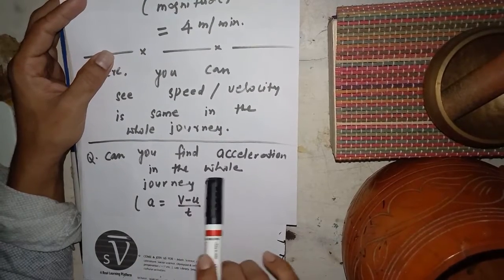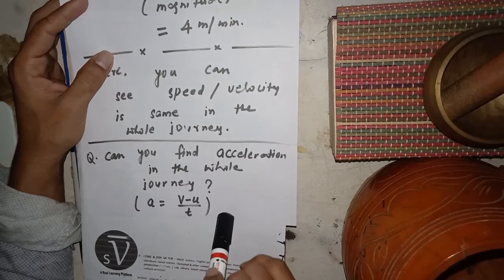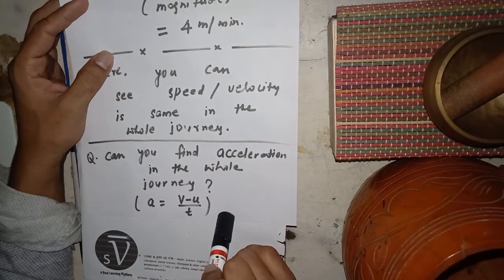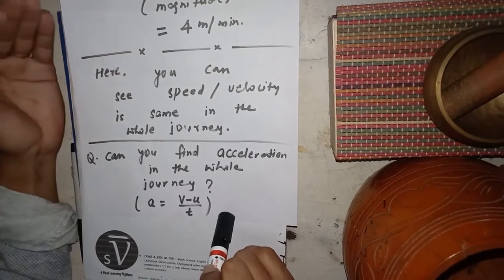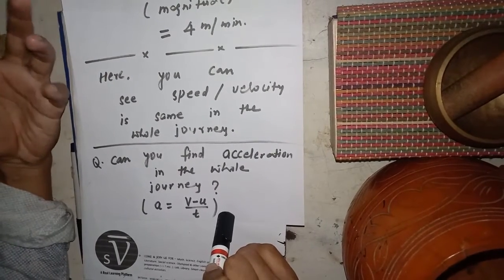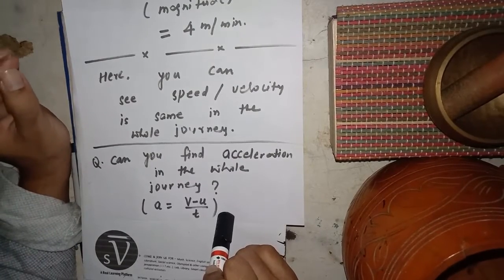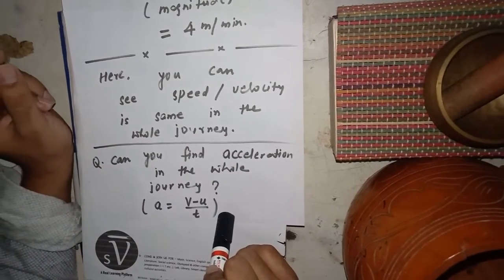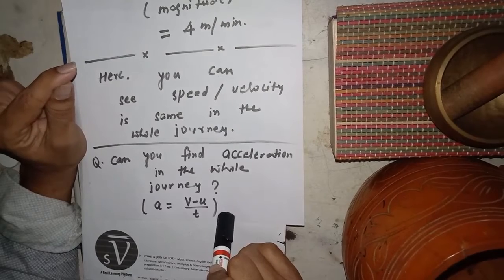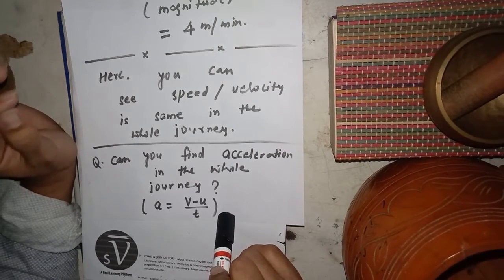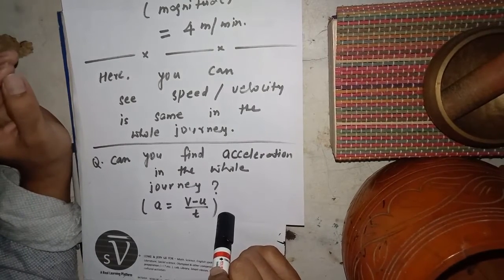Now my question is, can you find the acceleration in the whole journey? What is the acceleration in this case? Acceleration is nothing but the change in velocity with respect to time, or you can say the change in velocity in 1 second or 1 minute or 1 hour, whatever your unit is.